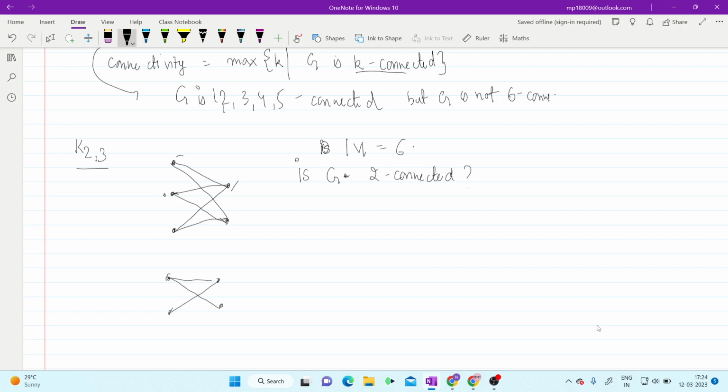So if we are just removing one vertex, this graph remains connected, therefore this graph is two connected.